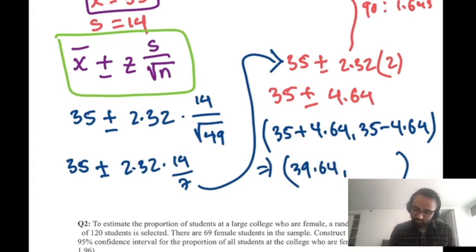The upper bound for this is 39.64. And what's 35 minus 4.64? That should be 30.36. All right, I'm fairly confident in that answer.